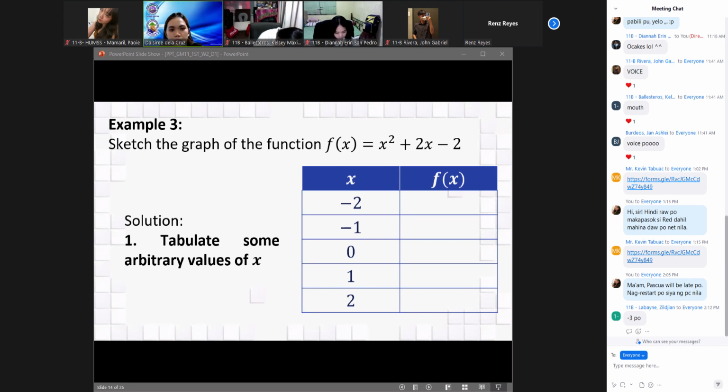Yung dito po sa negative 2, sa 2x po. Oh, like for example, this one. Negative 2 is equals to negative 2 squared plus 2 times negative 2 minus 2. Ay, sige, ganito po.